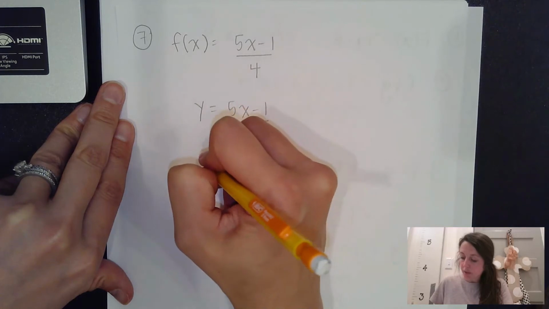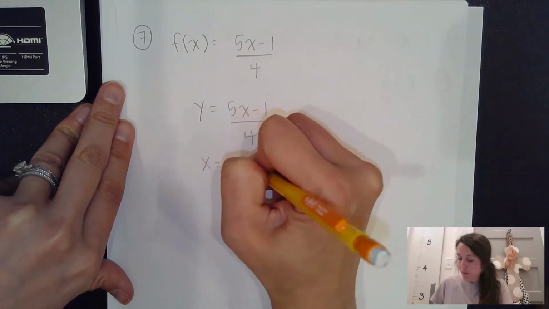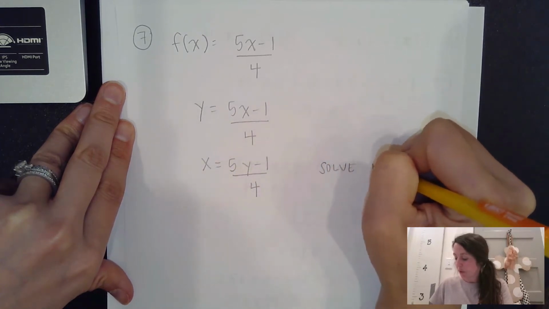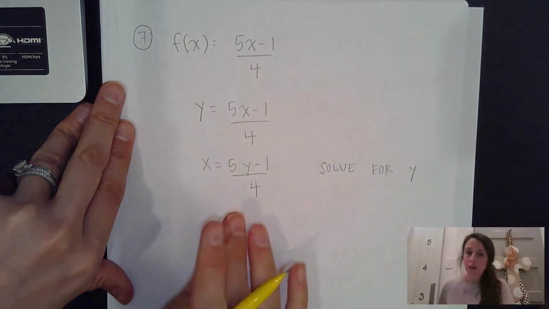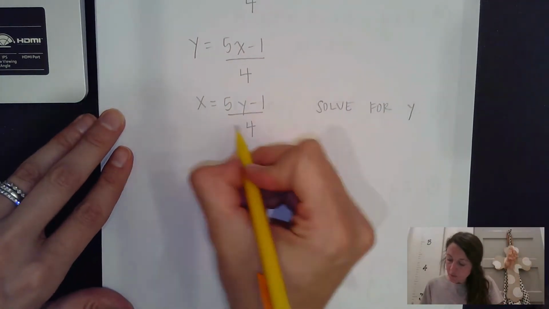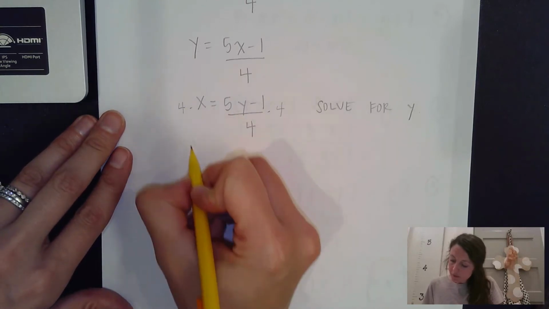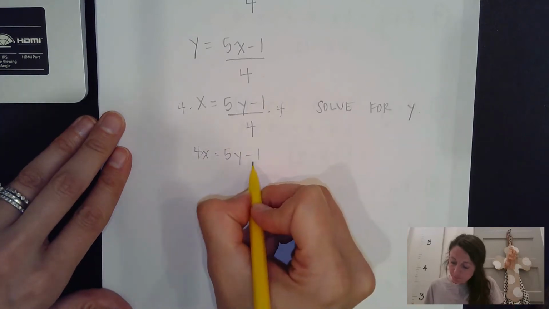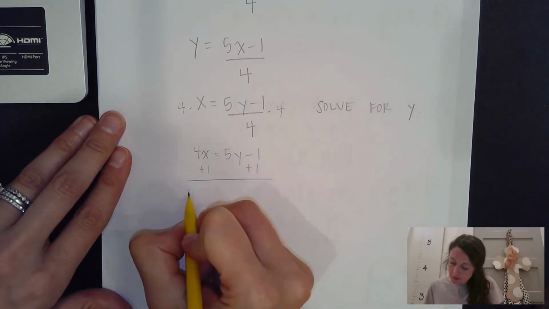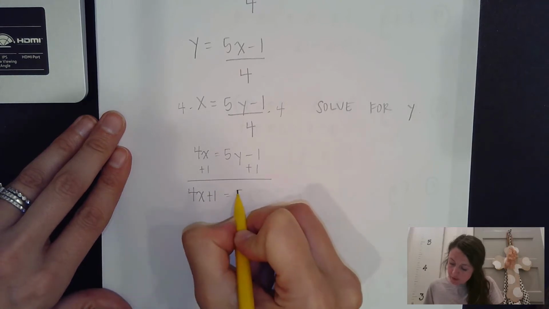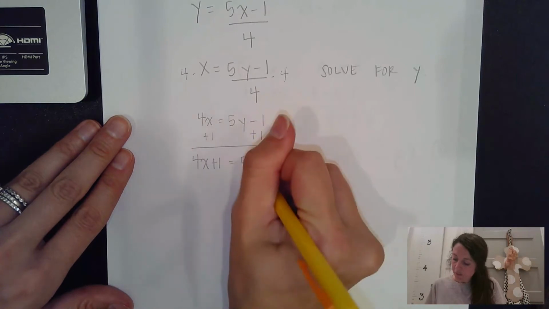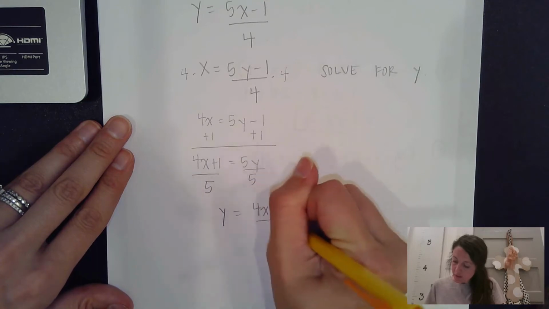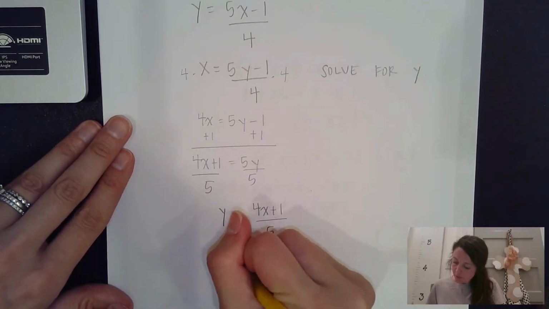We're going to switch the variables, so x is going to be equal to 5y minus 1 over 4, and then I'm going to solve for y. So I'm going to multiply here by 4. So I'm going to have 4x is equal to 5y minus 1. I'm going to add the 1 to both sides, so I'll have 4x plus 1 is equal to 5y. I'm going to divide both sides by 5, so I get y equals 4x plus 1 over 5, and then we just label that my inverse.